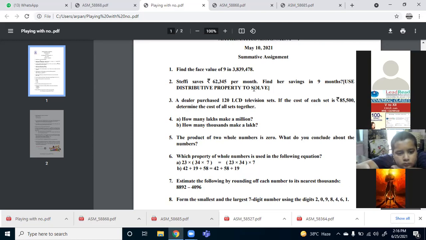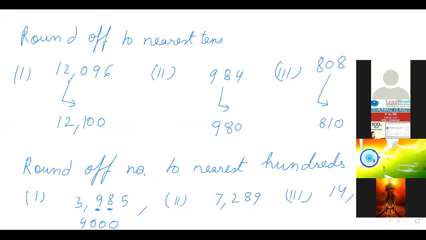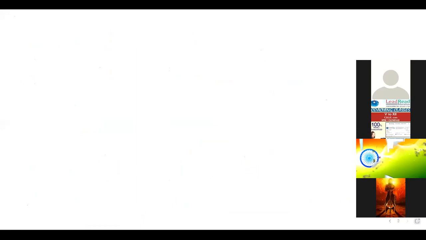How? Ma'am, if we multiply 62,345 by 10, it would be her saving of 10 months. Then we subtract the saving of 1 month, and we would get the saving of 9 months. Excellent. We have also used the distributive property because we did 10 minus 1.